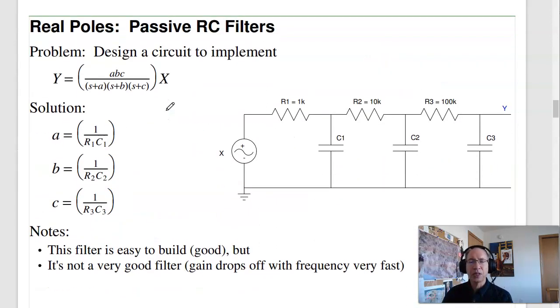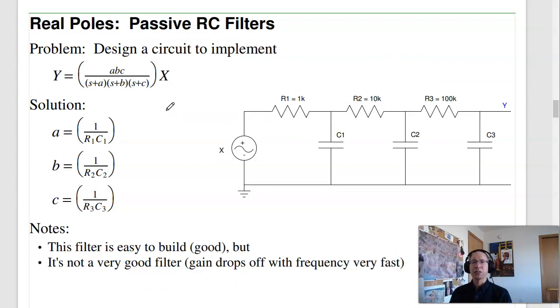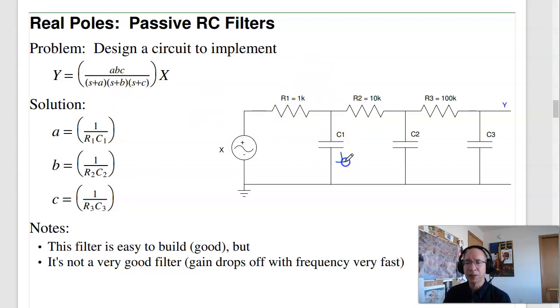So starting out, let's look at a circuit that just has real poles. If I have real poles and a DC gain of 1, I can implement that with an RC filter. To avoid loading, I'm going to take each resistor and increase it by 10 times. And then roughly, the poles are just 1 over RC. You can see that if we just have a single RC filter, the Laplace impedance is 1 over CS. So by voltage division, it's what I'm measuring over the total.